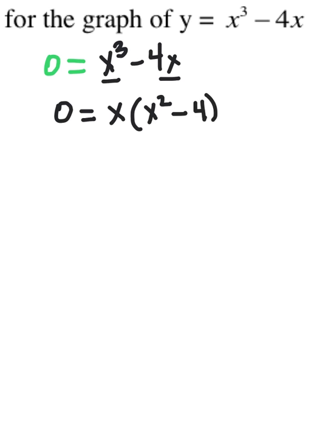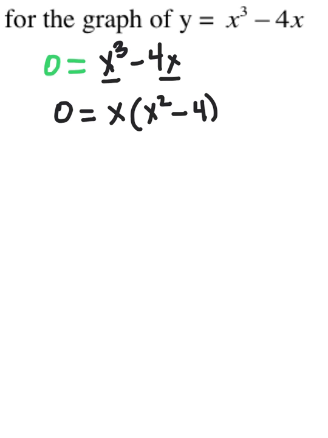All right, well, I'm not done factoring yet because I can still factor what's inside the parentheses. And if you remember from Algebra 2, if you have a square subtracting another square, that's called the difference of two squares. And those always factor the same way. It's the square root of the first minus the square root of the second times the square root of the first plus the square root of the second.